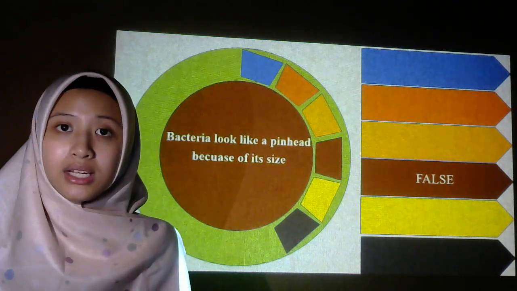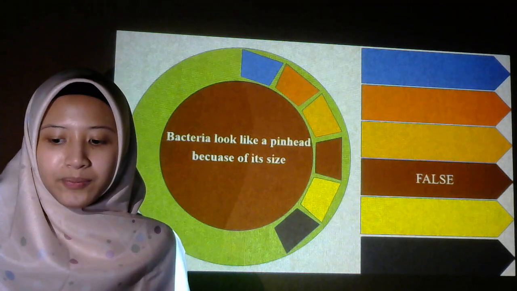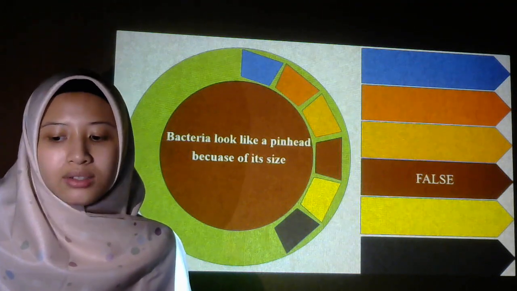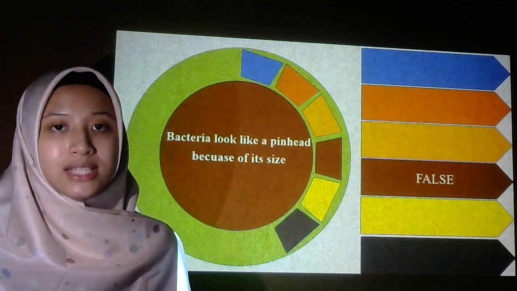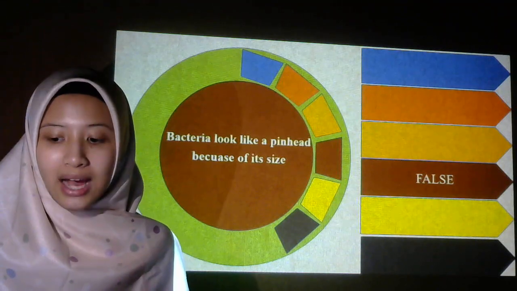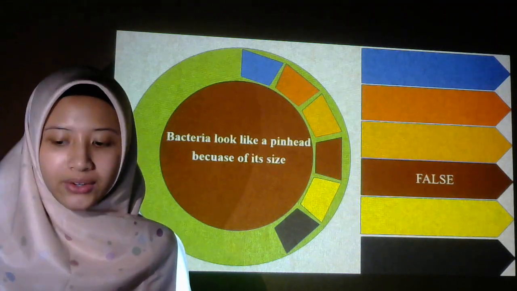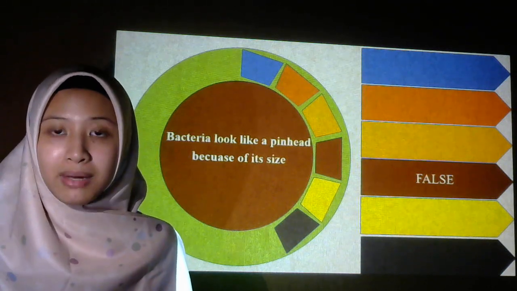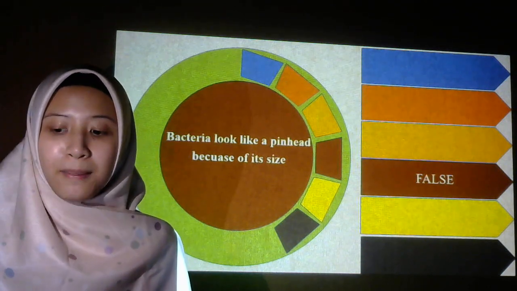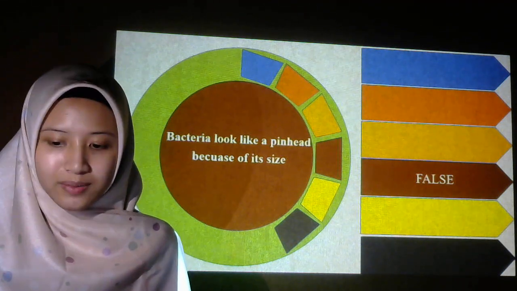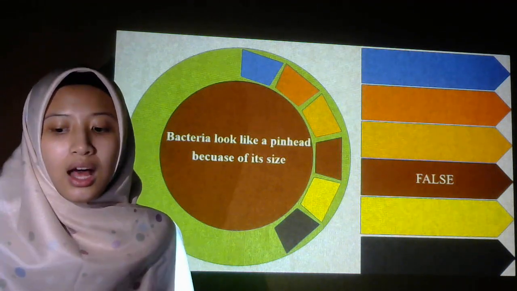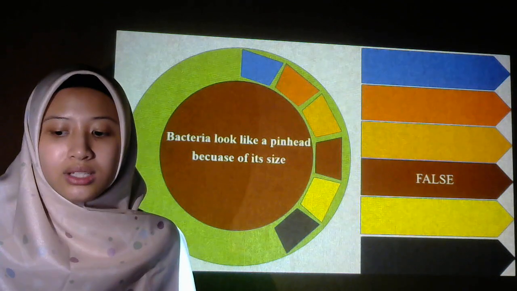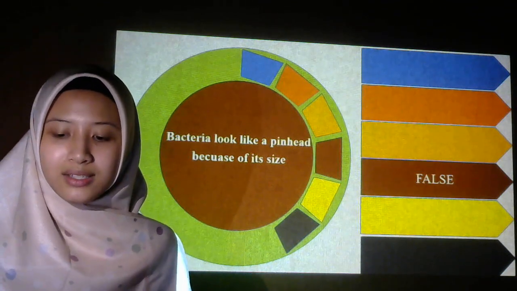False, because the statement in the text is, while we measure our own size in inches or centimeters, bacterial size is measured in microns. One micron is 1,000th of a millimeter, a pinhead which is about a millimeter across. So, it is not that bacteria look like a pinhead because of their size.